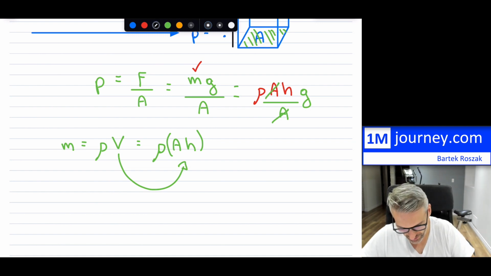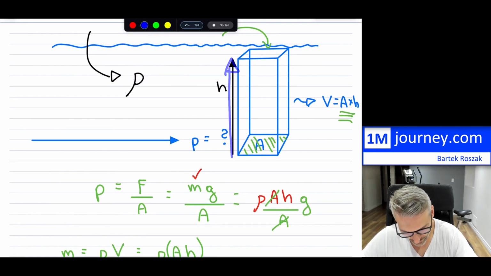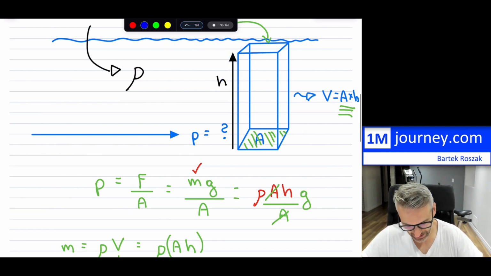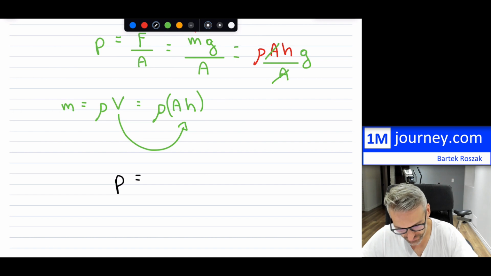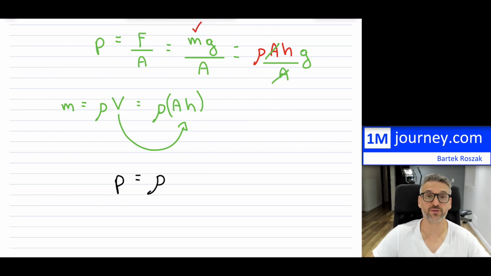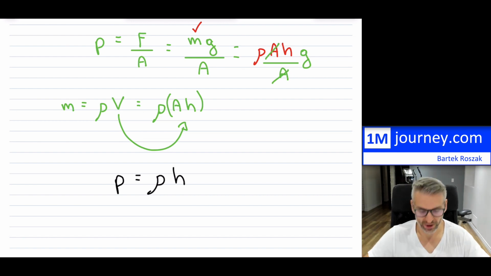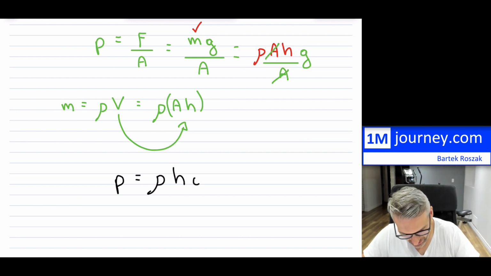What you've come up with is that the pressure at a particular depth, from the surface all the way to whatever depth that you want, is actually equal to nothing else but simply the density of the fluid you're going to talk about, the depth that you are interested in, and then g, but g is a constant, right?